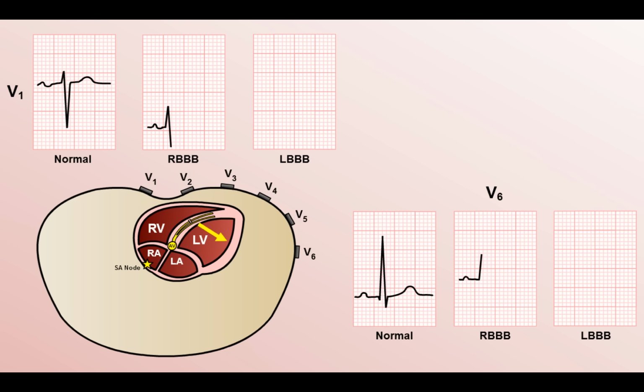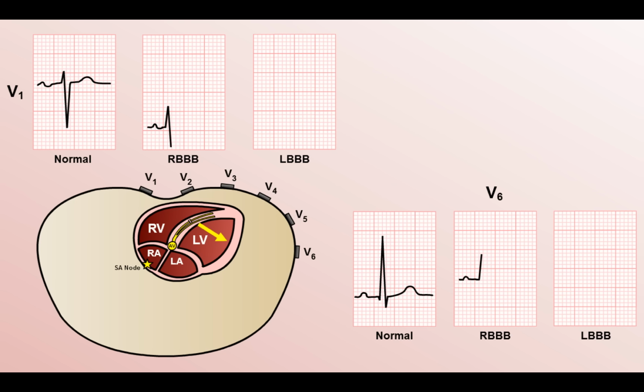So far, everything I have shown are examples of complete blocks. That is, situations in which conduction down either the right or left bundle is completely disrupted. What exactly is an incomplete block? An incomplete block is an intraventricular conduction abnormality in which conduction is slowed in a bundle but is not completely blocked.